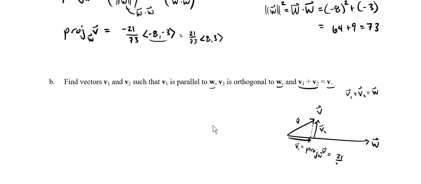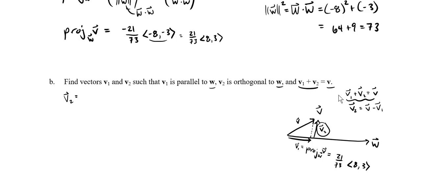That's 21/73 times the vector (8, 3). It's that scalar multiple of (8, 3). And we know how to figure out this other piece, the V2. We got V1. To find V2, we just play with this equation. Oops, sorry, this shouldn't equal W, it should equal V.